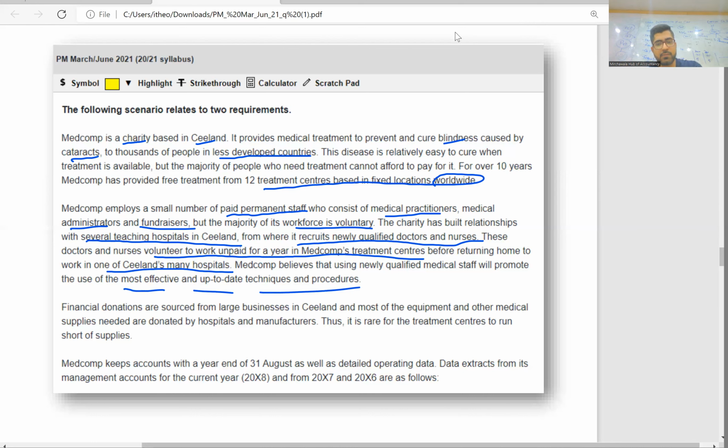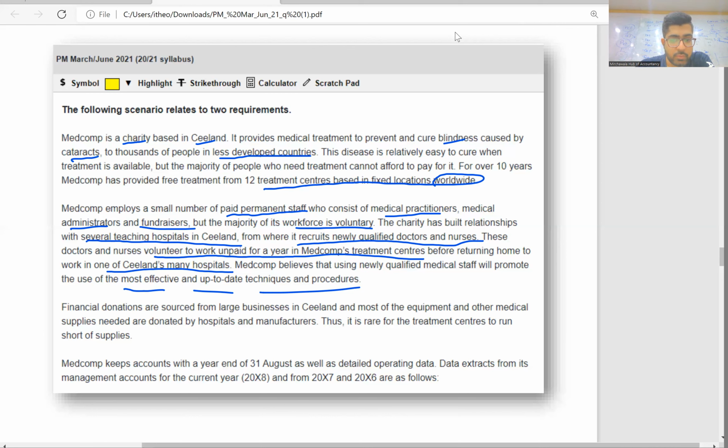The belief is that newly qualified staff have up-to-date information.